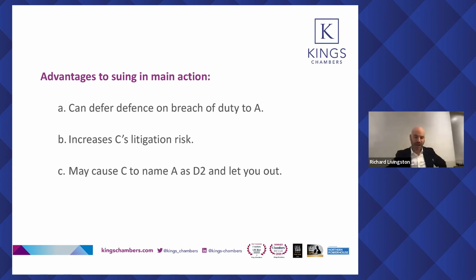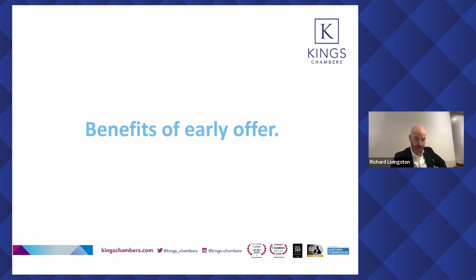And joining A as a Part 20 defendant increases the prospect of some firms of solicitors taking a decision to join A as second defendant. So this, therefore, increases the potential for discontinuance against D. If A is good for the money, there's no advantage to continuing to pursue D.